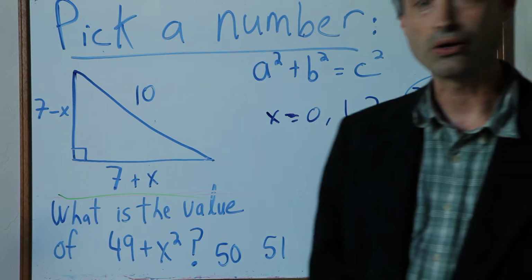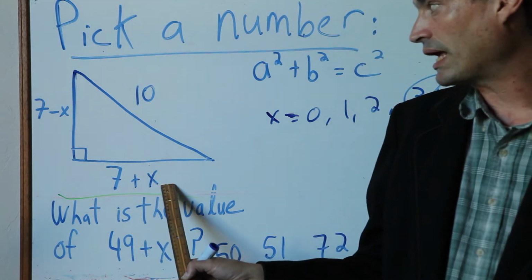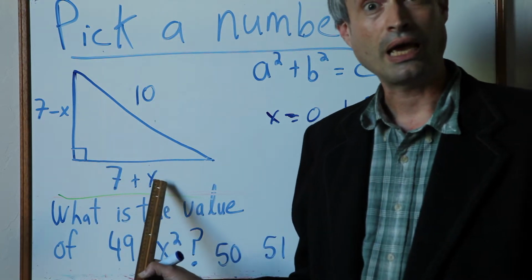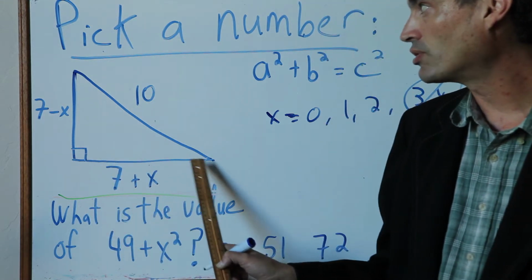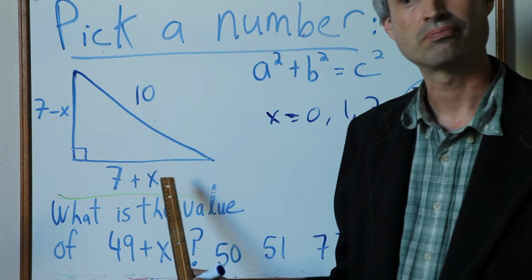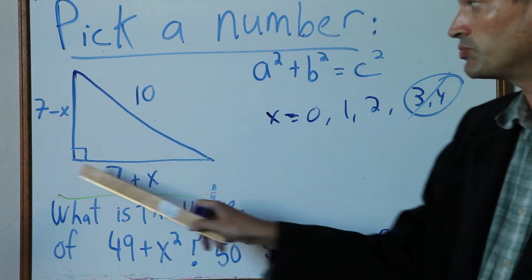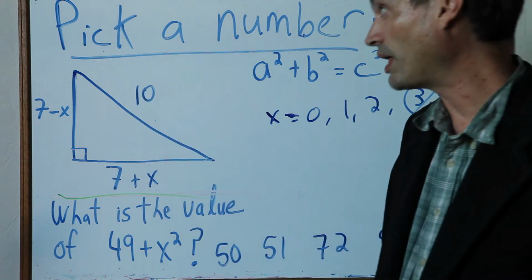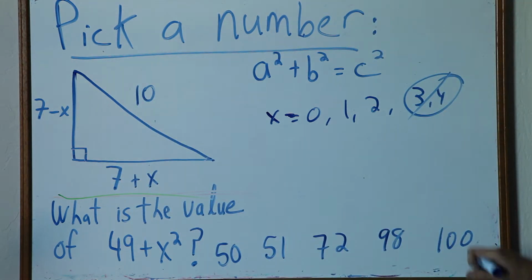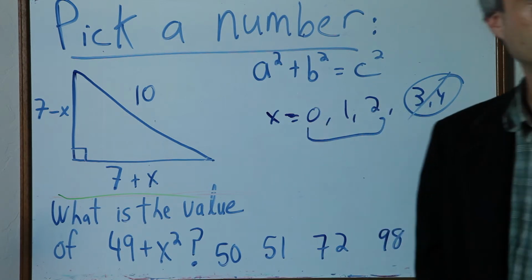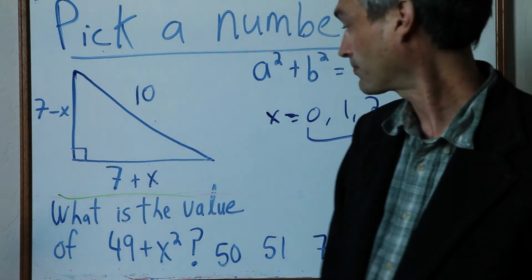The reason is, if I put in 3 for x, I'd have 7 plus 3 along the bottom, that would be 10, and the leg would be as long as the hypotenuse. In fact, in a right triangle, the hypotenuse must always be longer than either of the legs, demonstrating that x could be at most 2 if your answer is an integer.